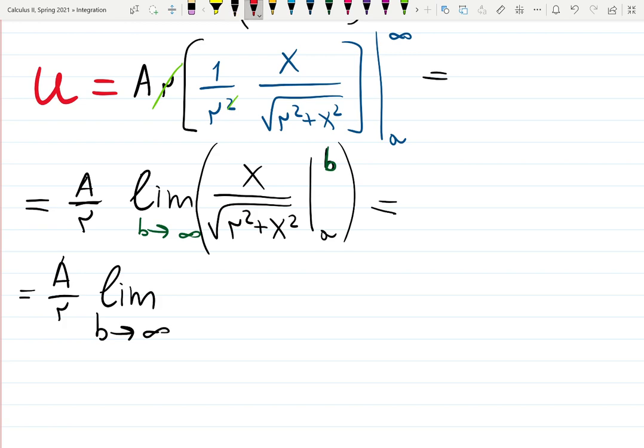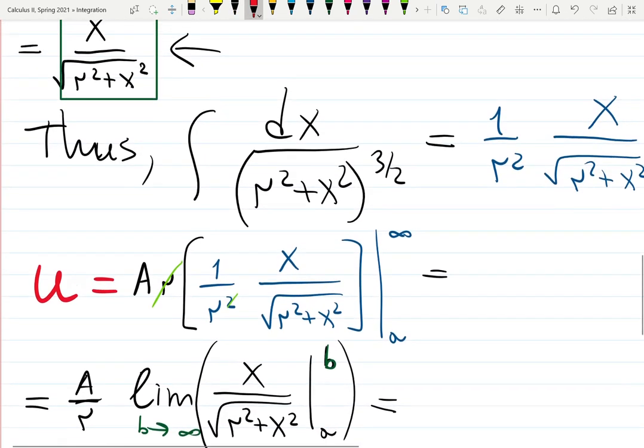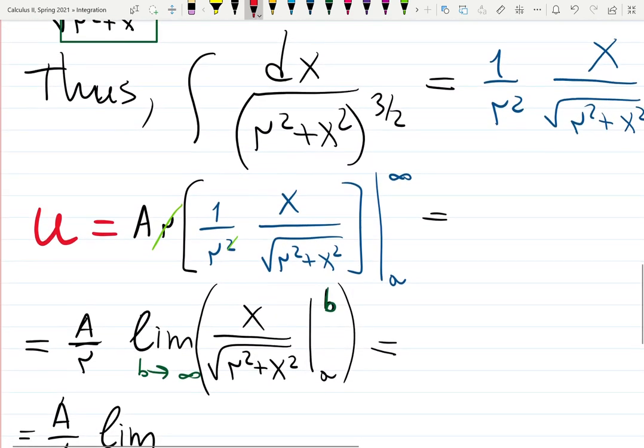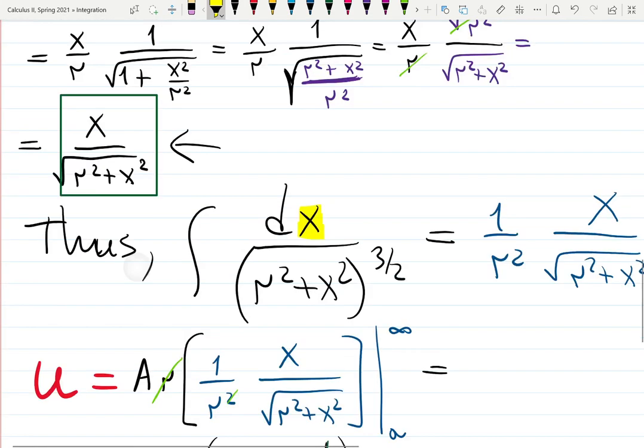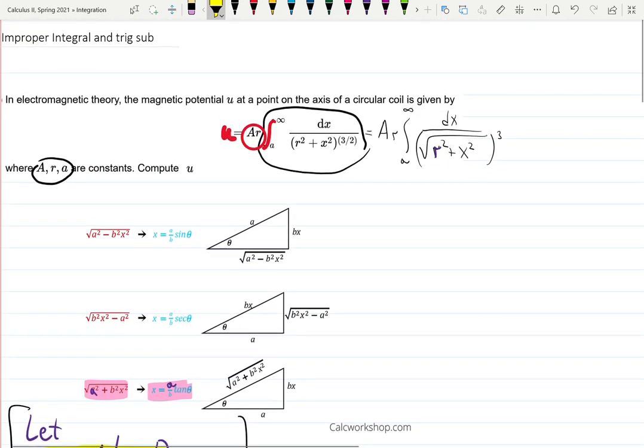Where do I plug in? Into x or into r? Do you know how to find out? You need to go back to the integral and see the variable of integration. So the integral is in terms of x because of this dx. Then those limits of integration are also in terms of x. That's how I know I'm plugging into x, not into r.